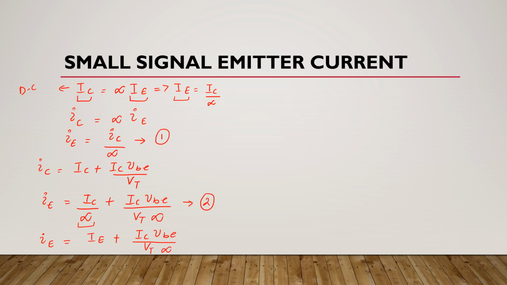So this instantaneous emitter current is equal to the sum of this DC emitter current and this AC or time varying emitter current, which can be written as ie. It means this is an AC quantity which is written in lowercase with lowercase subscript. So this small signal emitter current is equal to IC vbe divided by Vt alpha.